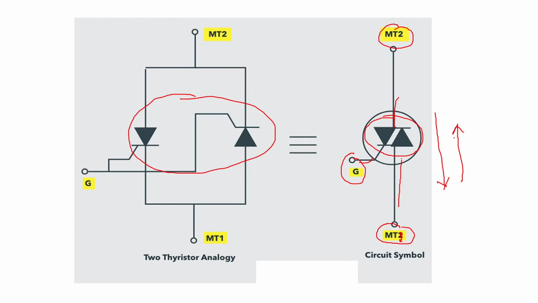Depending upon the appropriate voltage applied between MT1 and MT2, if you give a gate pulse, which can be positive or negative, the TRIAC can be switched on. So this TRIAC also has an on state and an off state, and it can be used in switching.